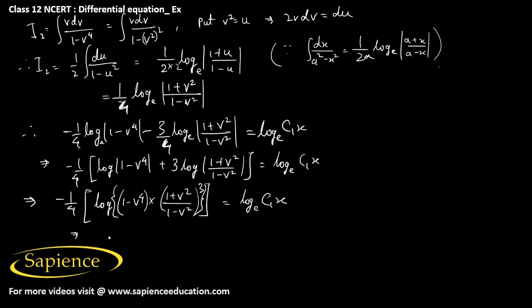Now 1 minus v power 4, that is (1 minus v square) into (1 plus v square), so it will be (1 plus v square) whole power 4 by (1 minus v square) whole square, that is equal to log base e c1x.